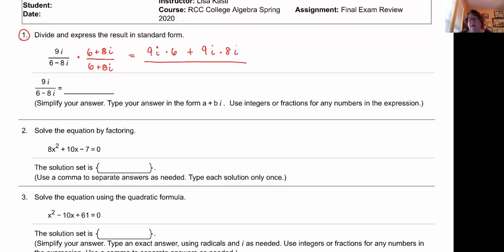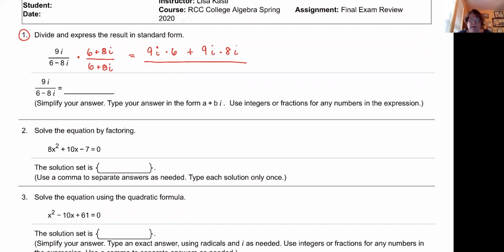And in the denominator, when we multiply a complex number by its conjugate, we get the sum of the two squares. The outside plus inside terms are going to add to 0, and then you're going to get minus something squared times i squared, but i squared is -1.